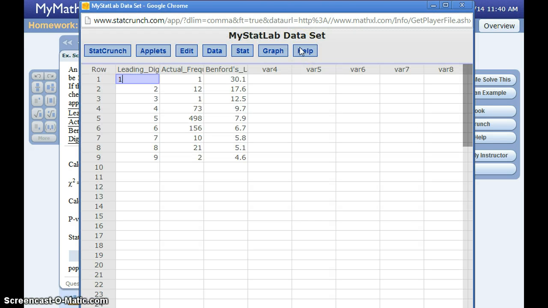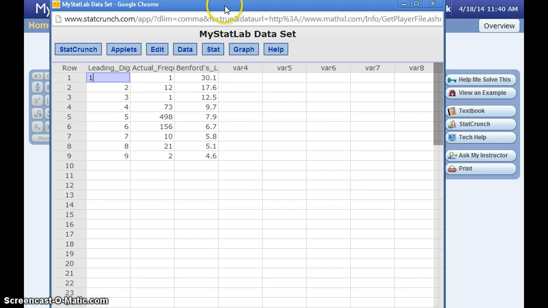When we're doing our chi-squared statistic, it's observed minus expected, squared, divided by expected. Here are the actual frequencies, so this is what we'd call our observed. But we don't know the expected, though we do know the expected percentages. So the first thing I need to do is find how many occurrences there were, and I'm going to let StatCrunch do this.